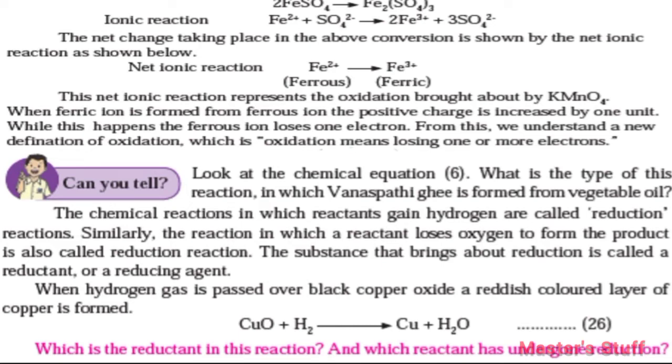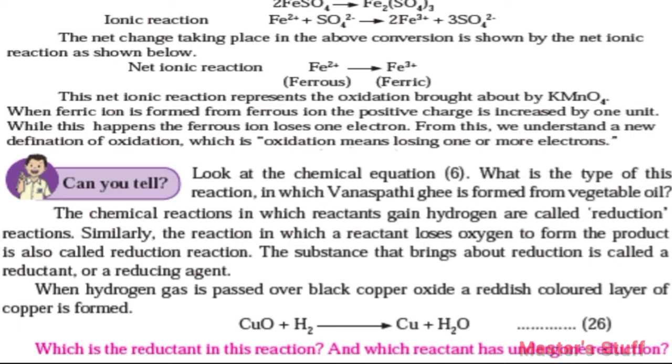While this happens, the ferrous ion loses 1 electron. From this, we understand a new definition of oxidation reaction, which is oxidation means losing 1 or more electrons. Thus, oxidation reaction can also be termed as losing of electrons of the reactant.